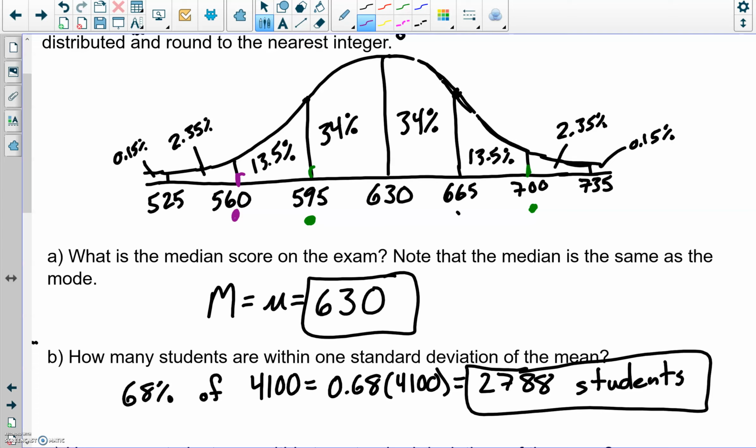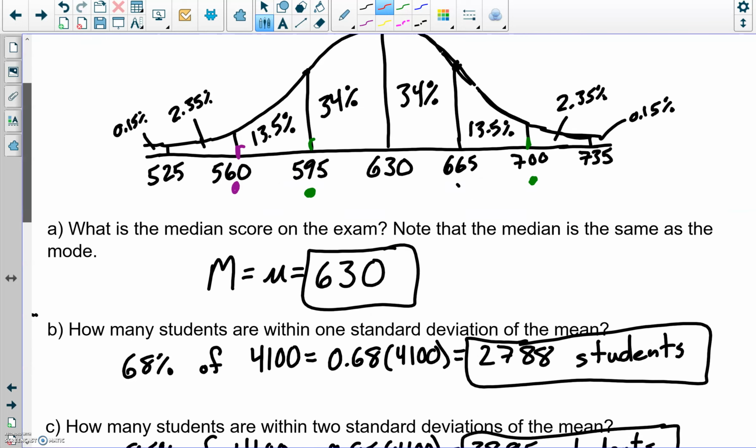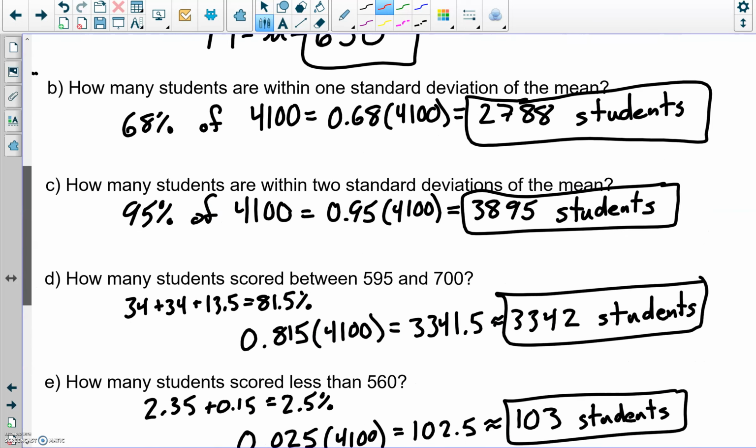Save yourself a hassle, save yourself time. You're going to use the picture for a lot of the different parts. Just do it. It's a huge piece of this, empirical rule is just draw yourself a picture. It saves so much hassle. Anyway, that's my little soapbox for that one.